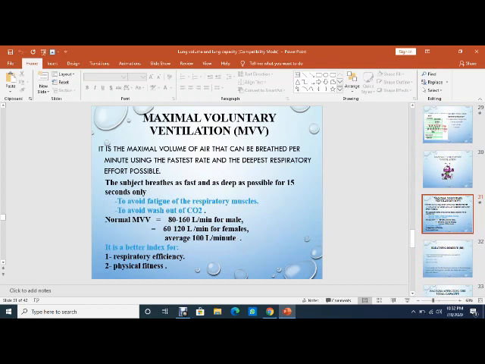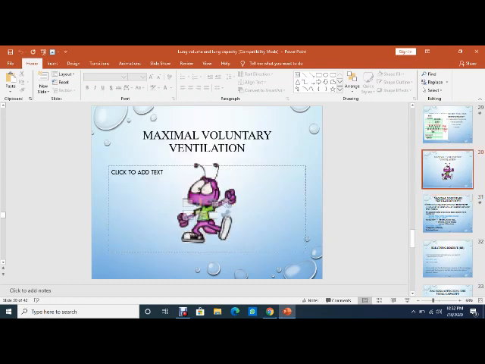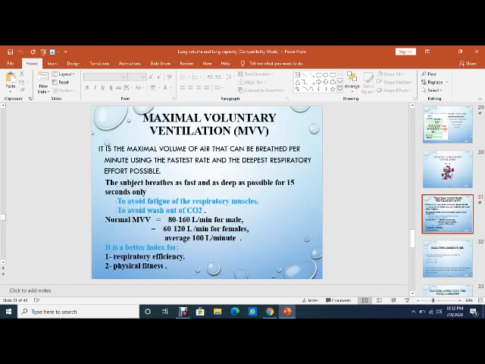Maximum voluntary ventilation is the maximum volume that can be breathed per minute using the fastest rate and deepest respiratory effort. You should see this in the diagram. The subject breathes as fast and deep as possible for 15 seconds only, to avoid fatigue of respiratory muscles and to avoid washout of carbon dioxide.